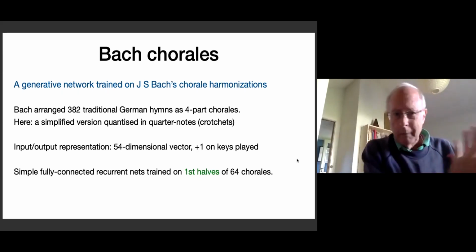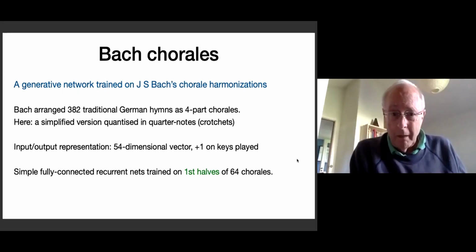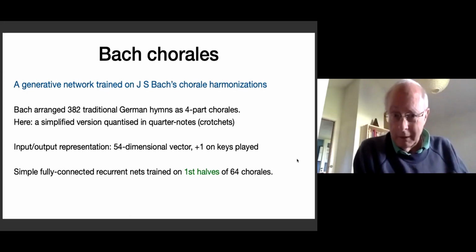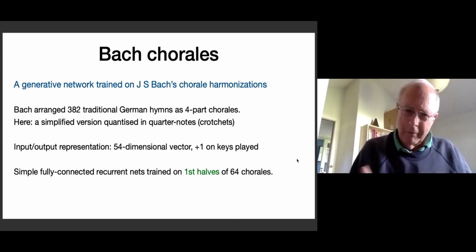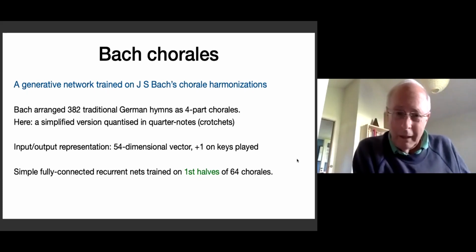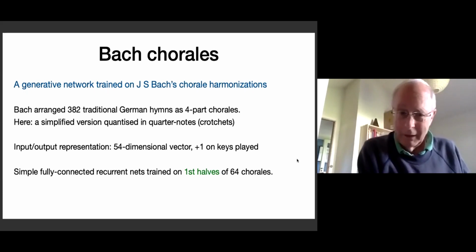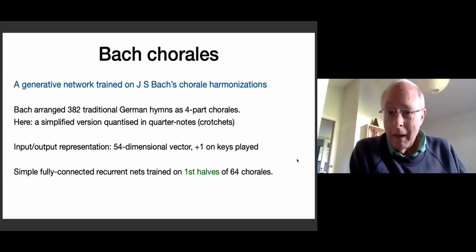So the input in our network is a time series of 54-dimensional vectors. You're thinking of a piano keyboard, but not all the keys are used, so it's only 54 instead of 88. I think in Bach's time, keyboards were smaller, or at least we just used all the notes that he used.